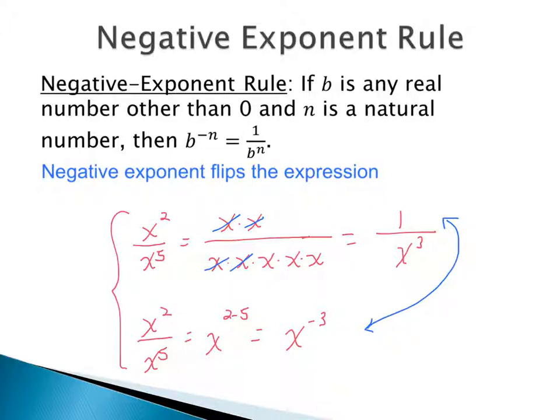So again, if I have a negative exponent, it flips over and the exponent turns positive. So for example, if we had y to the negative 4, that would become 1 over y to the fourth.